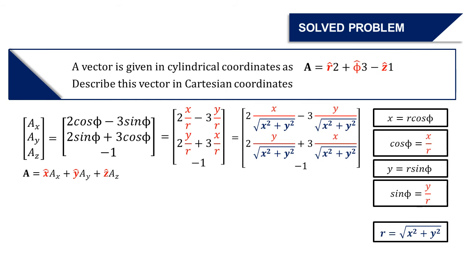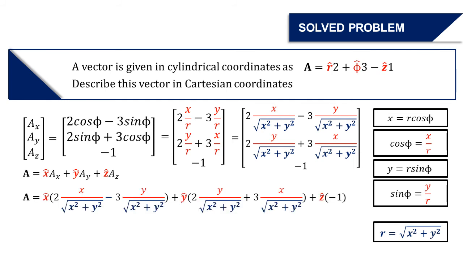That is, x hat times a sub x plus y hat times a sub y plus z hat times a sub z. Ano lang ang gagawin natin? I-substitute natin ang kada component dun sa magnitude. So, yung a sub x, itong buo yan. Sa a sub y naman, ito rin. And then sa a sub z, negative 1.